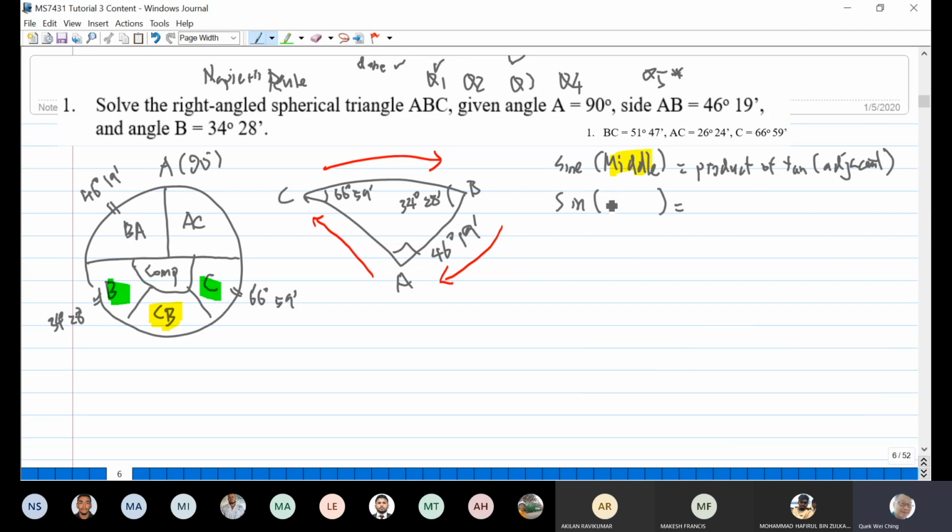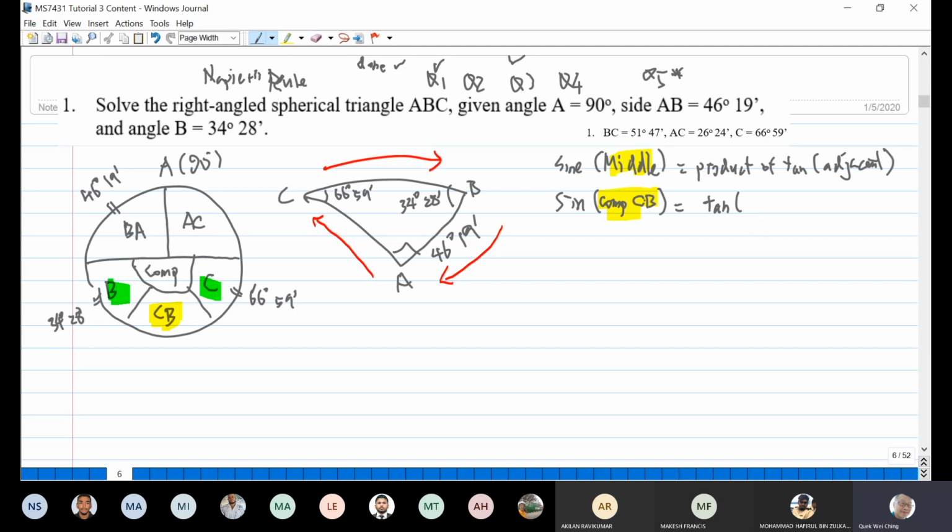This is actually co-CB, because it's in the lower half of the view, so you need the co there to CB. And then product of tangent.